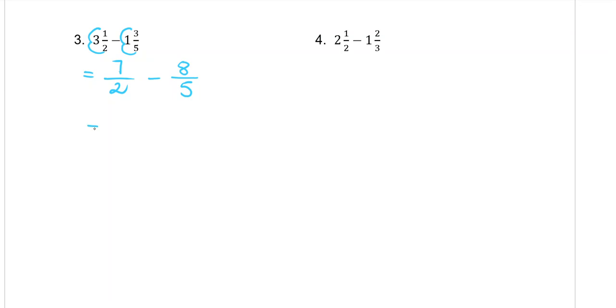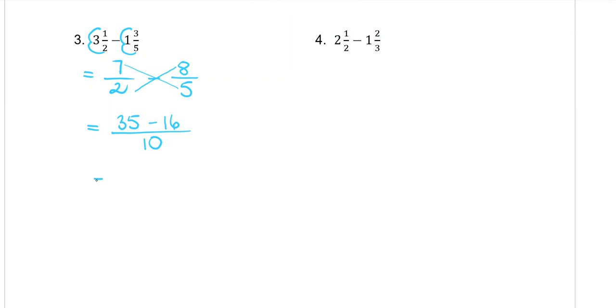Okay, second equal sign, we need to times our denominators together. 2 times 5 is 10. Times in the diagonal, 7 times 5 is 35. And 8 times 2 is 16.